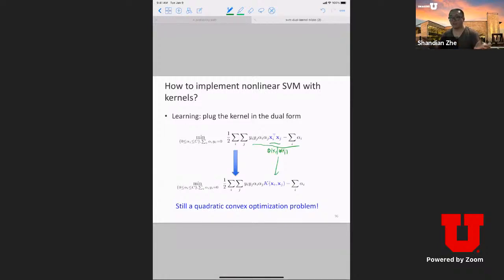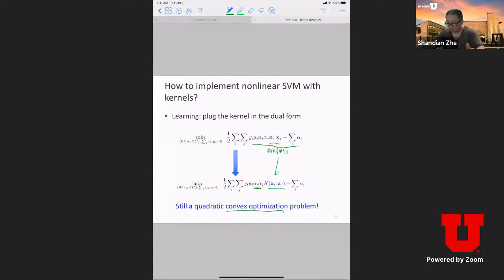Instead, we just calculate the kernel function in the original feature space, but the optimization itself doesn't change at all, because we only optimize the alpha i and alpha j, which are just coefficients in our quadratic objective function. Then again, we can apply any mature, efficient quadratic optimization package to solve that problem.